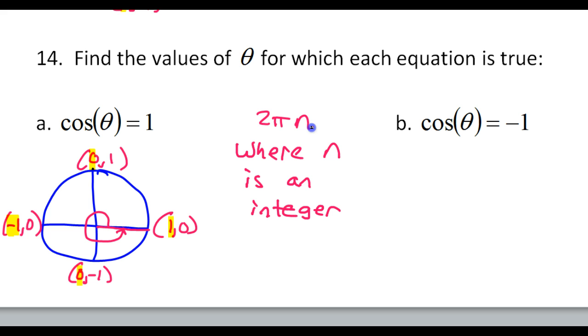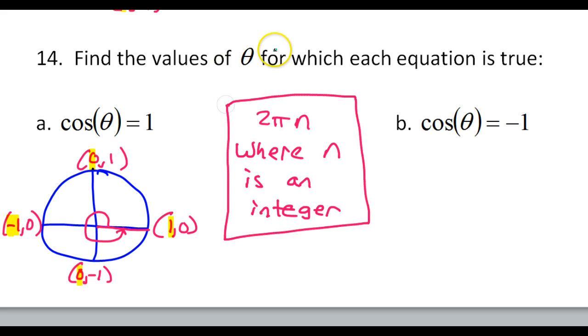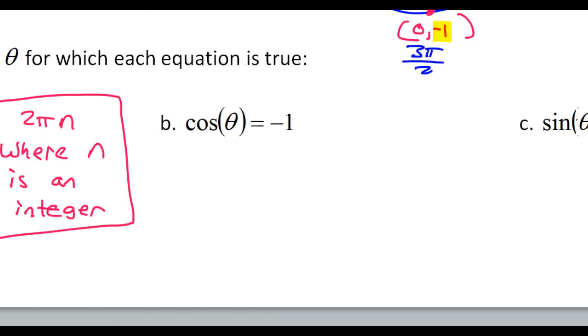So if n is 1, then that's just 2 pi. But if n is 2, then it becomes 4 pi and 6 pi and 8 pi. All of those would just take us back to the same spot. So assuming that it was not an accident that they didn't specify between 0 and 2 pi, then you have to do this.